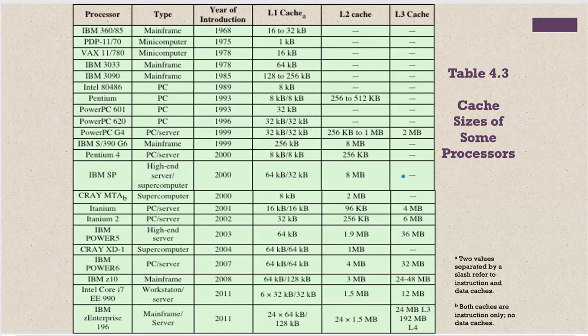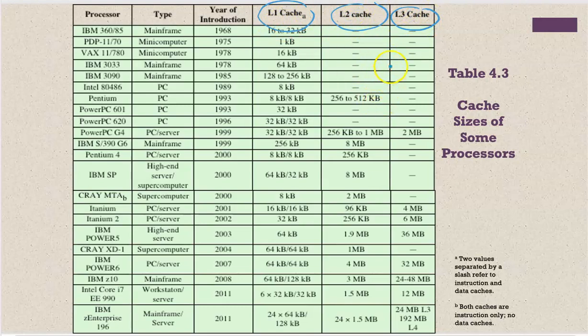Okay, so these are the processors and the types, with the year of introduction, very outdated. And this is L1 cache, L2 cache, L3 cache. We know that L3 cache is supposed to have a greater capacity than L2, and L2 is supposed to have a greater capacity than L1. L3 is supposed to be slower than L2, and L2 is supposed to be slower than L1.